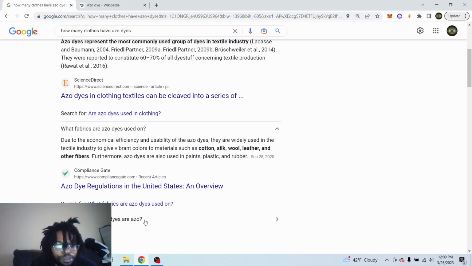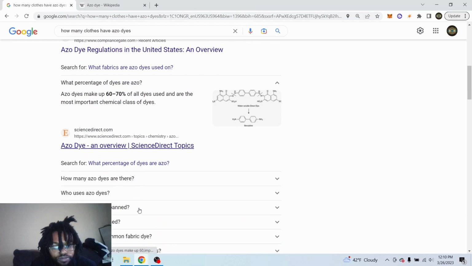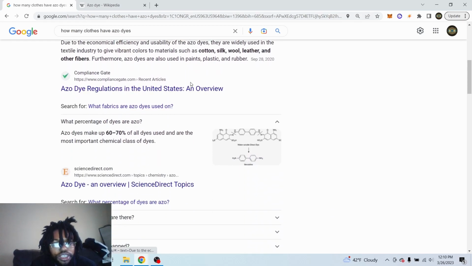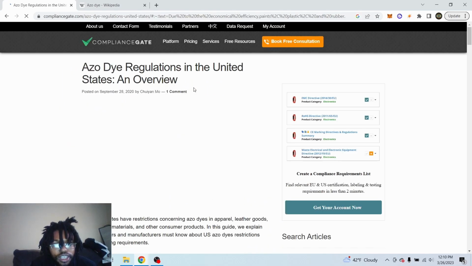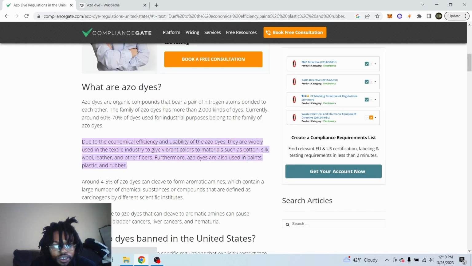Oh, here we go. What percentage of dyes are azo? So yeah, 60 to 70% of all dyes used, and they are the most important chemical class of dyes. So yeah, it's ridiculously high, the amount of azo dyes that we get in our clothes.